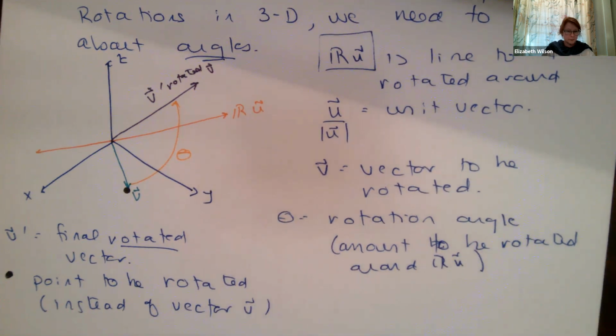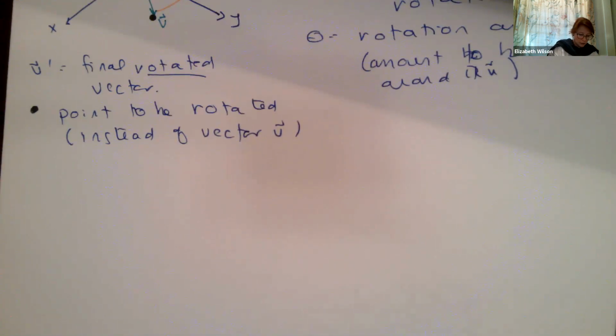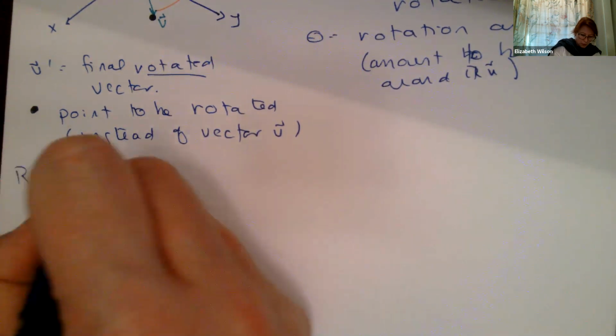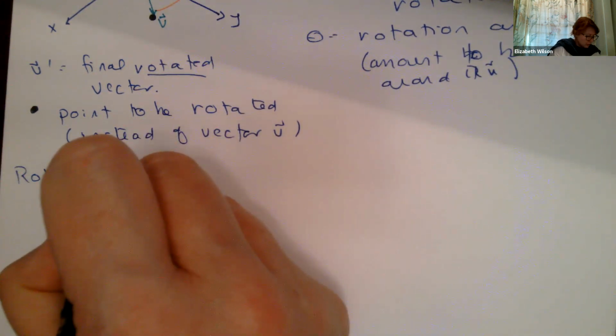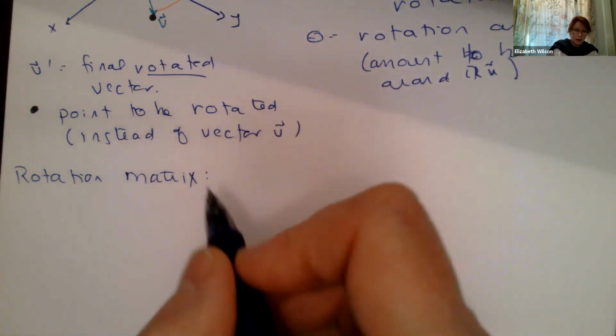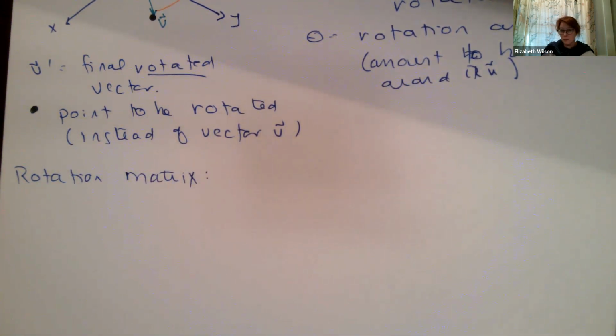Okay, so our rotation matrix is going to end up looking, I'm going to first give you the equation and then we're going to fill in the blanks and you'll see how complicated the matrix is.